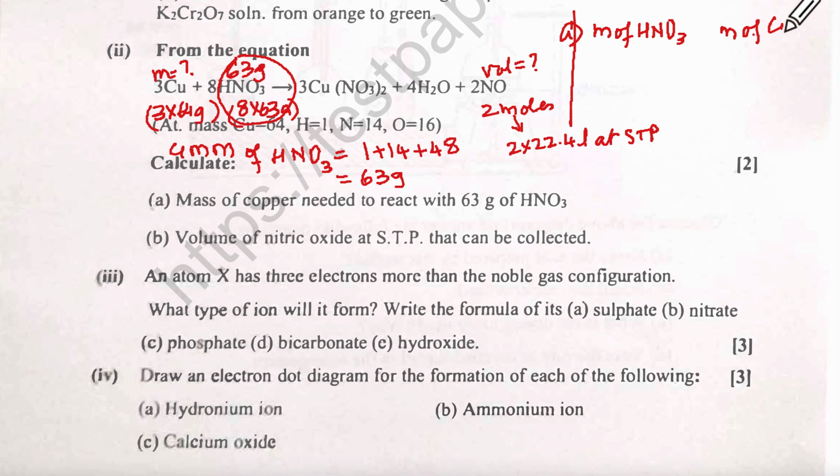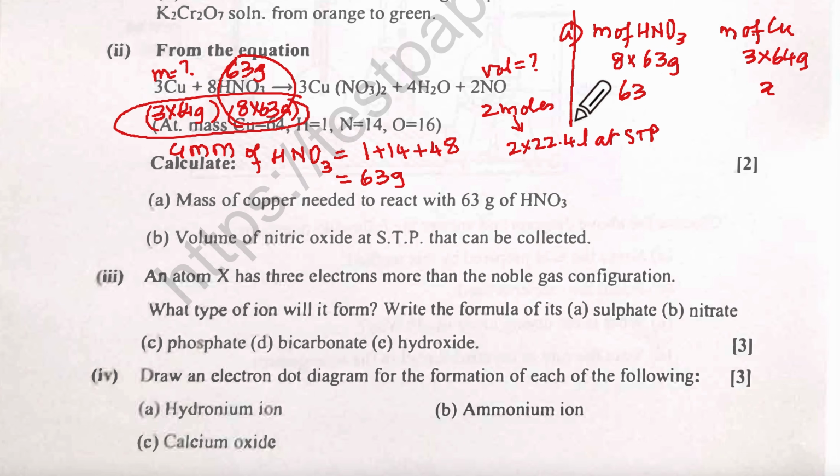Mass of copper. From the equation, means bottom numbers. Mass of HNO3, how much do you see? 8 into 63 grams. And mass of copper is 3 into 64 grams. Very good. So if it is 63, then X.